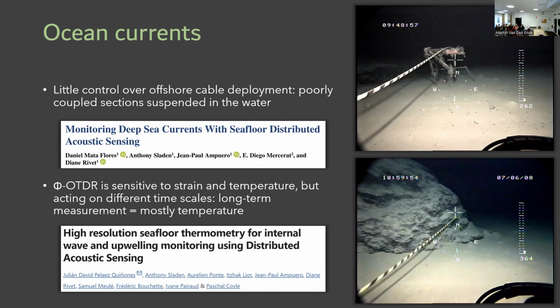If you look at the long period, then most of your signal comes from thermal changes. And so he used that to also monitor temperature changes over long time periods, which are associated with ocean currents and internal sort of circulation of water.